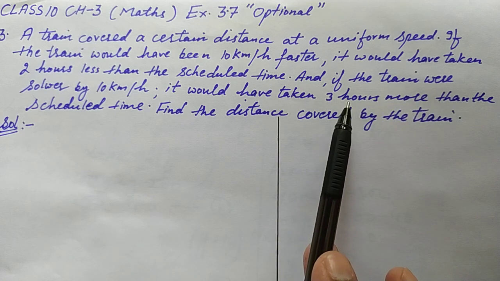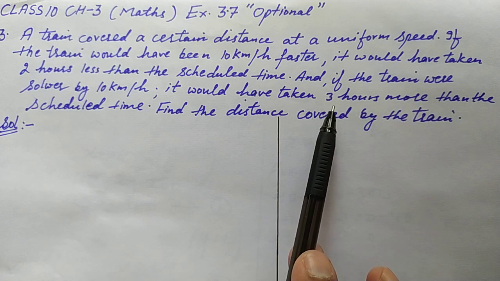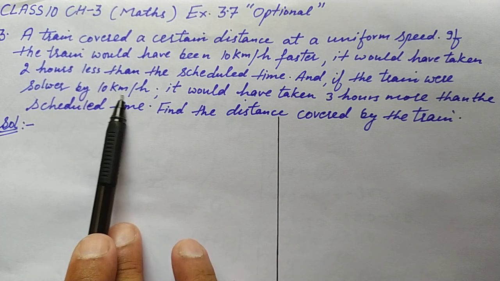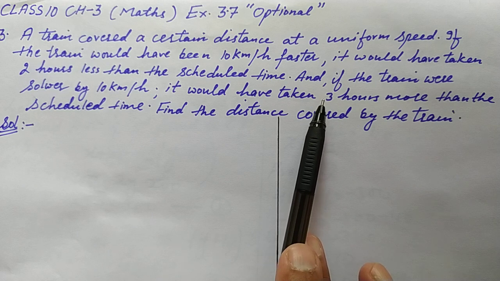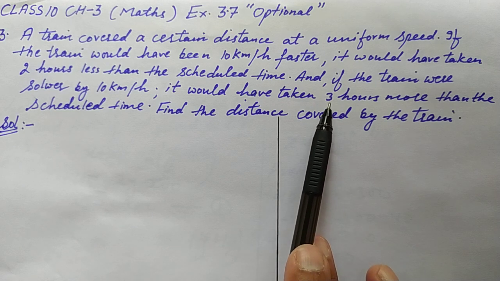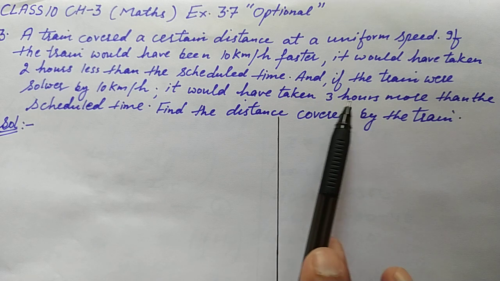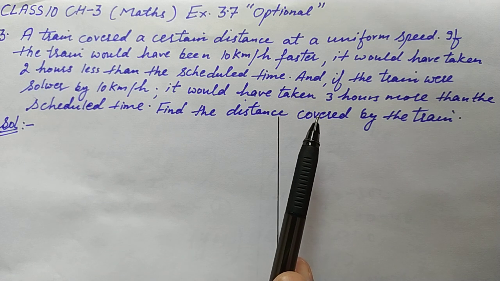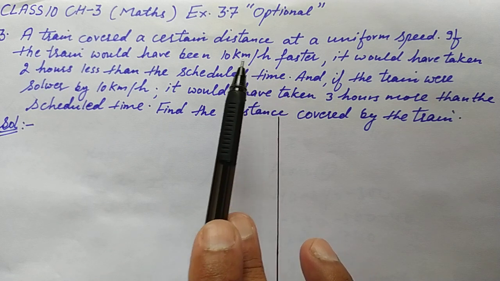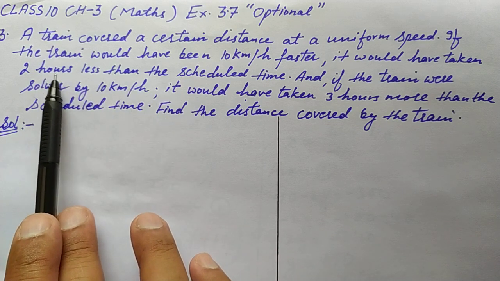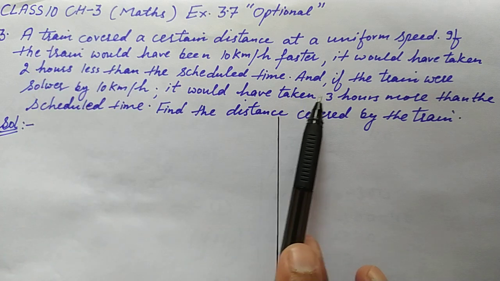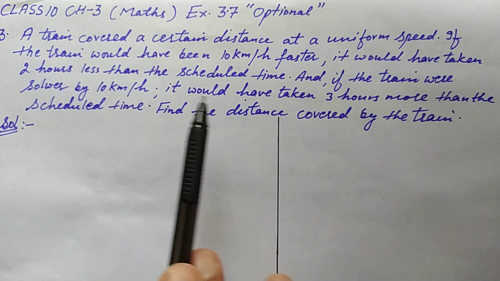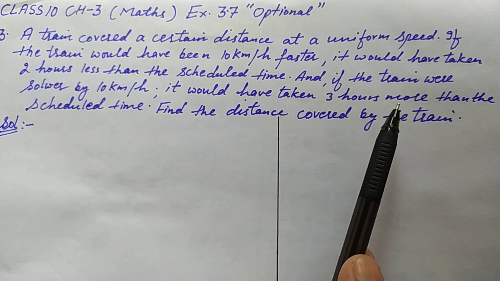Actual time was y hours, now it will take y plus 3 hours, because automatically when speed is less, it will take more time than the scheduled time. So 3 hours more it is taking. So there are two cases. Number one, when speed is increased by 10 km per hour, it will take 2 hours less, and when the speed is slower by 10 km per hour, it will take 3 hours more.